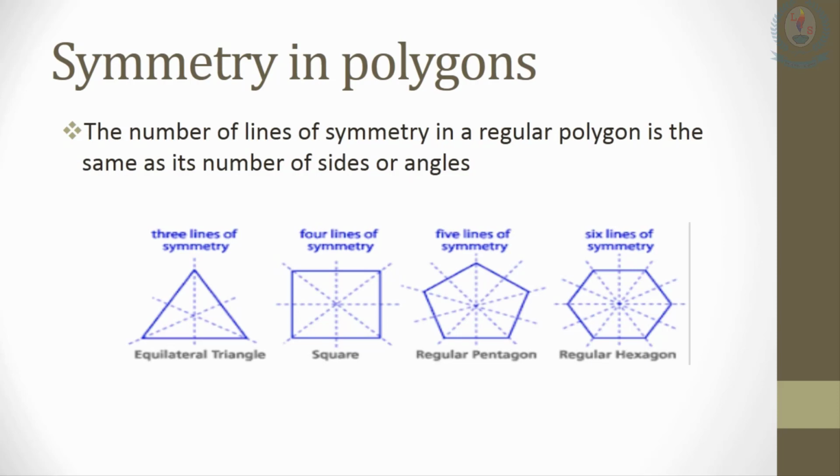In a regular hexagon, 6 lines of symmetry, because there are 6 sides and 6 vertices. In a regular heptagon, 7 sides, 7 lines of symmetry. In a regular octagon, 8 lines of symmetry. And now remember, in a regular polygon, the number of lines of symmetry is equal to the number of its sides or angles.